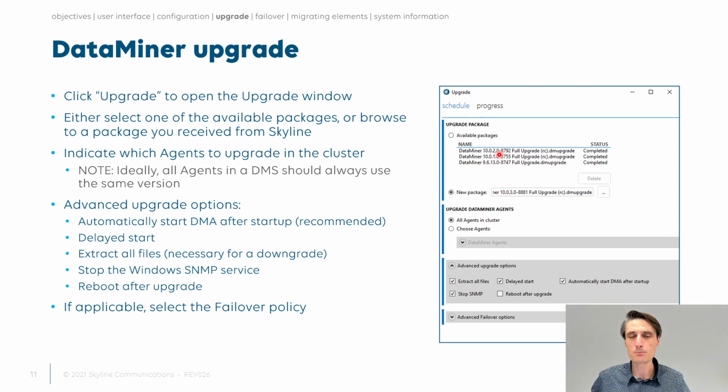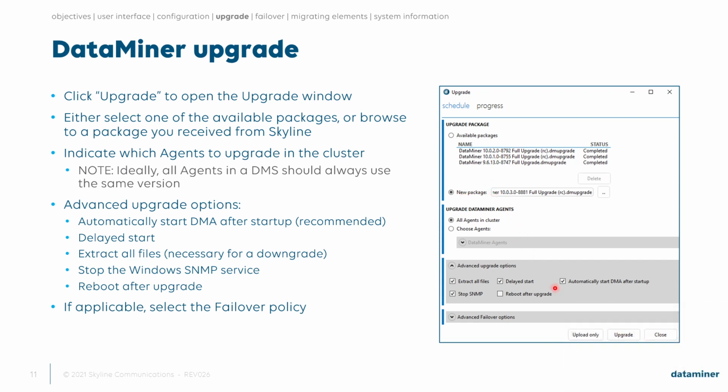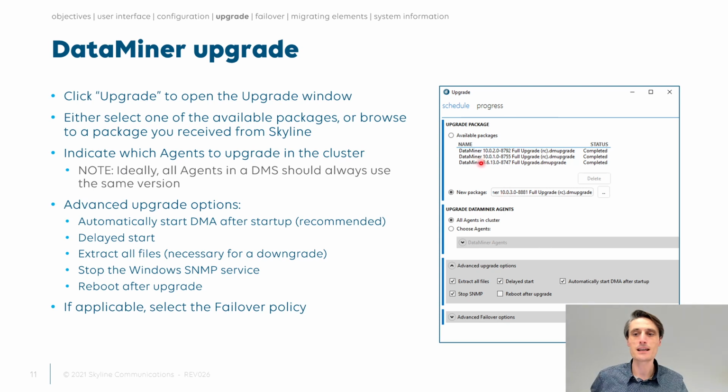Well, it is actually possible to select a package, and as I mentioned here, to click on upload only. If you click on upload only, it basically takes the package and makes it available, or uploads it to all of your DataMiner agents and makes it available here in the available packages. That could be convenient if you are working with a slow connection and you know that the package might take a while to upload, and you need to do an upgrade tomorrow.